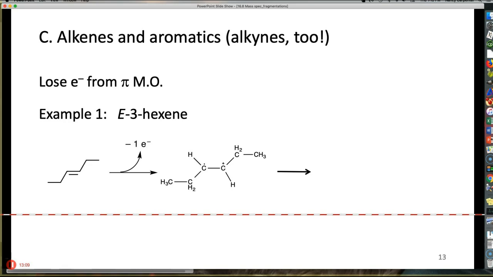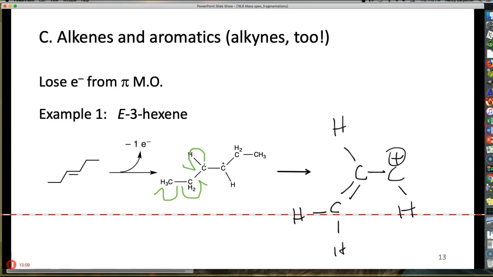So what would we expect to see? Well, you're going to use your radical electron movement, and you're going to kick off one piece. So it makes sense that I would see the formation of this very stable allyl cation, and I will lose the 15 mass unit methyl radical.